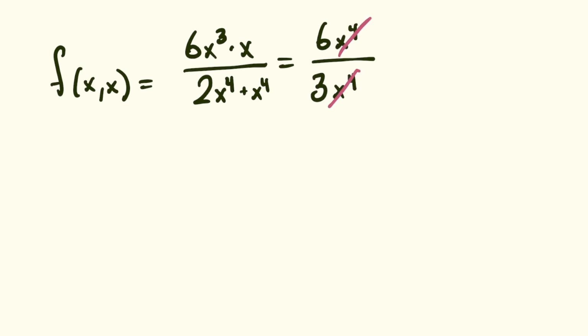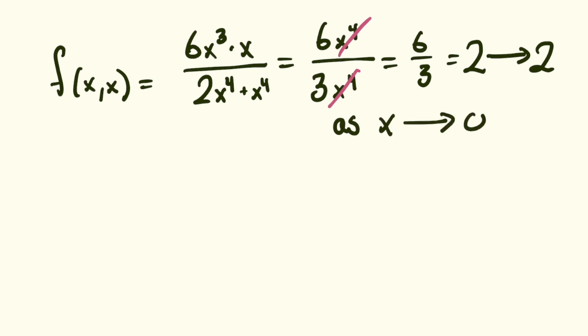Our x to the fourth is going to cancel, and we get 6 divided by 3, which is equal to 2. So if we are at our function where the same number we're working with as our x as our y, then that is going to give us a z value, or an output of 2, which of course is going to go to the number 2 as x goes to 0.